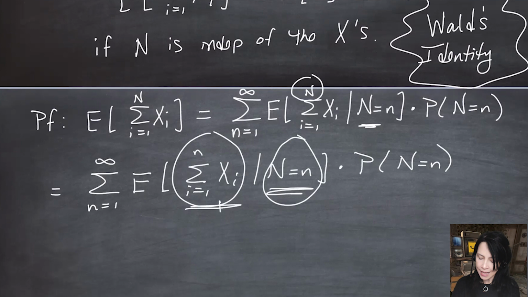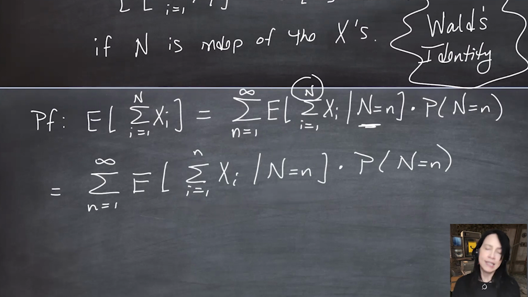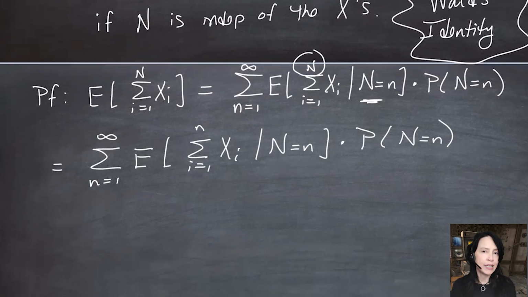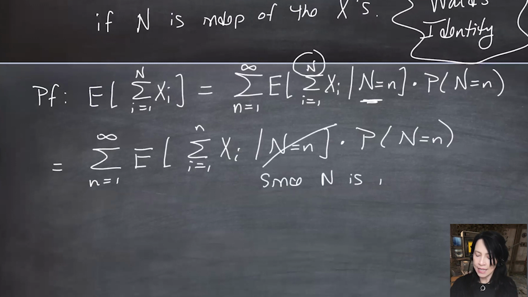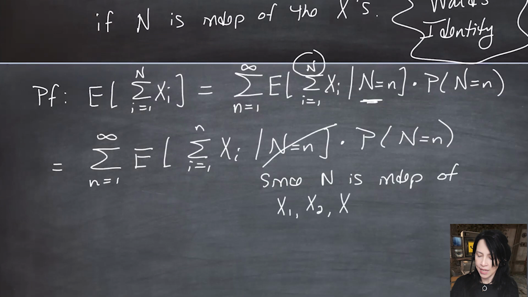And that means that the conditional expectation is the same as the unconditional expectation. In other words, I can drop this since N is independent of X1, X2, X3 on up.